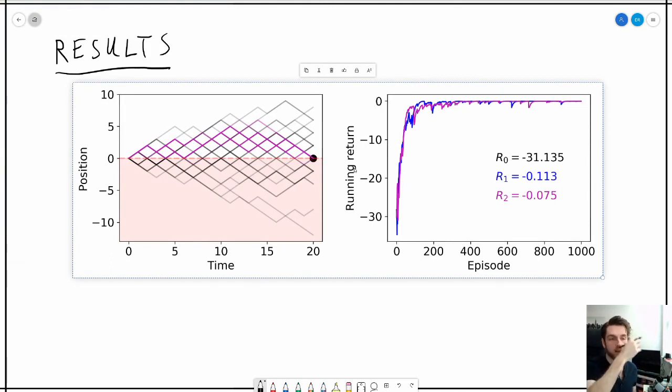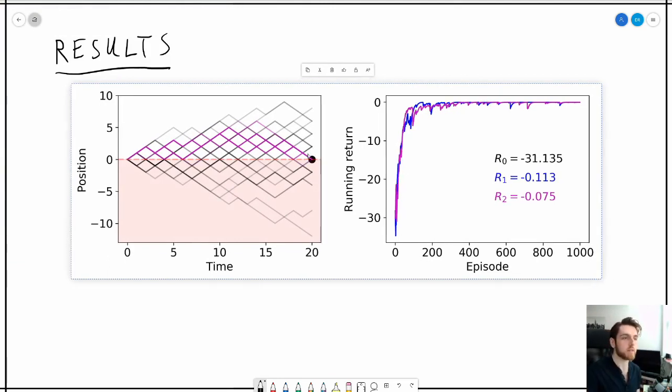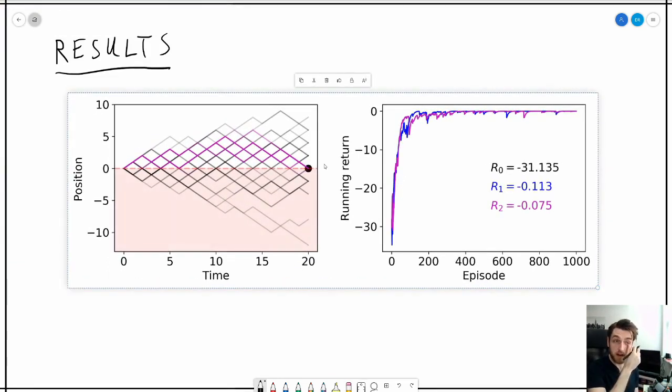So what we have here, again, is the same plots as before. We have the samples on the left and the learning curve on the right. And what we can see is that, generally speaking, it actually learns slightly slower to start with in the first 200, 300 episodes. But then after that, eventually it does achieve a higher average return.